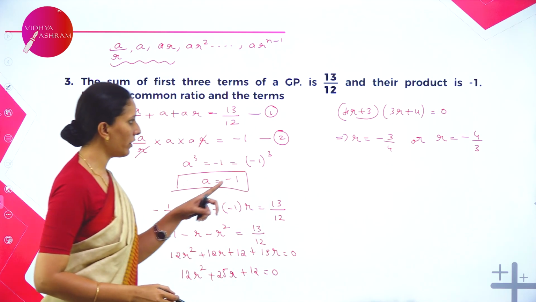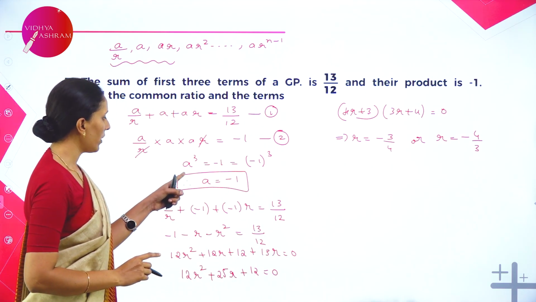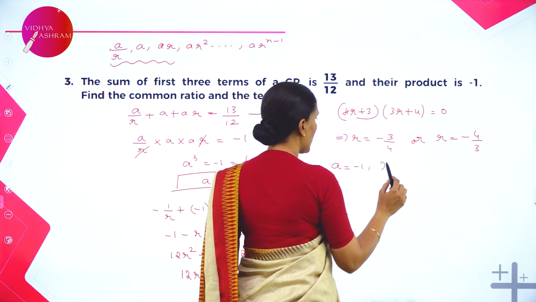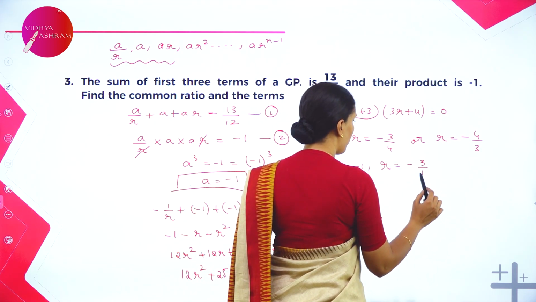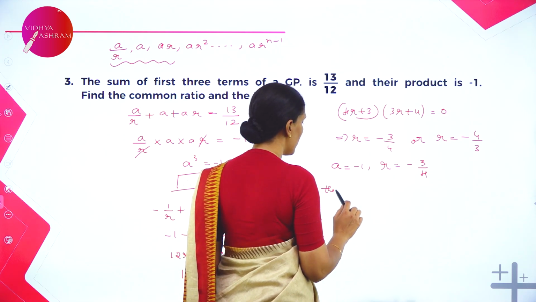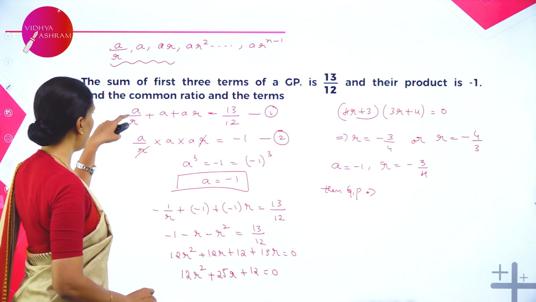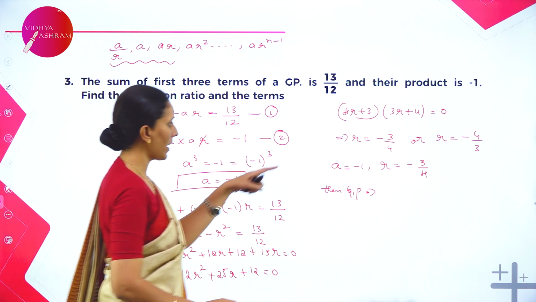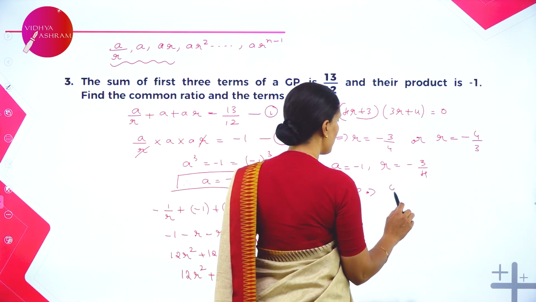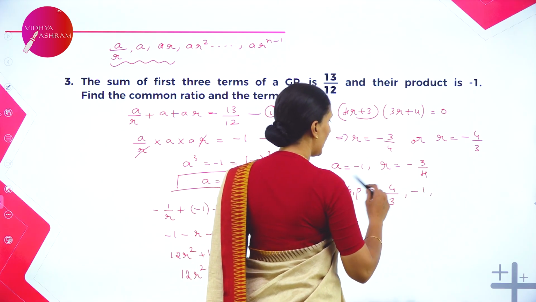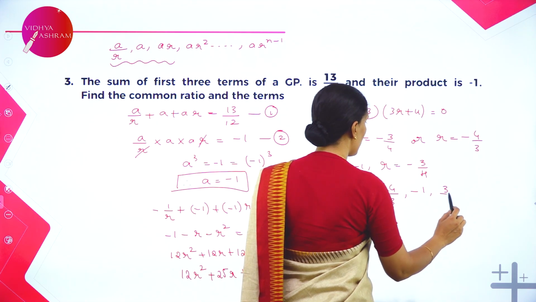Now here we have two different values for R. So if I take A is equal to -1 along with R is equal to -3 by 4, then the GP will be, the first term is A by R, so -1 by -3 by 4 becomes 4 by 3. Next is A, -1. Next is the product, which is 3 by 4.